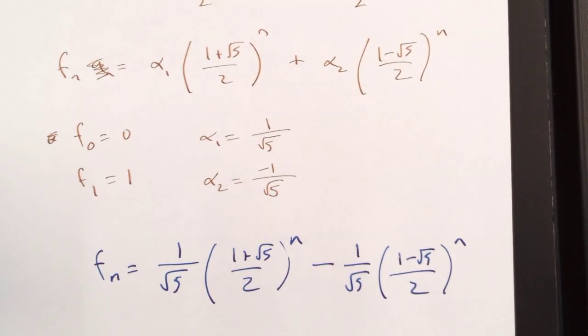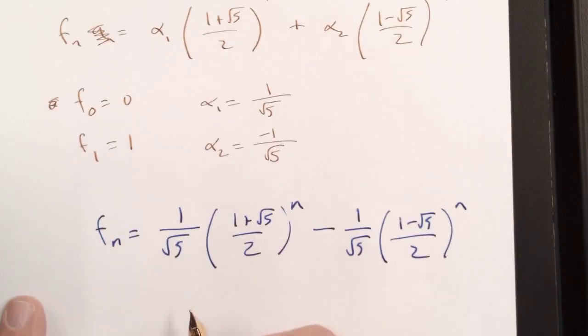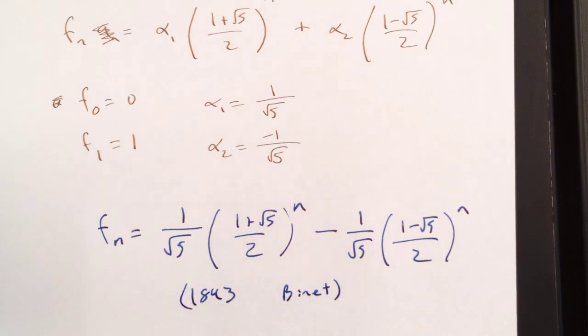By the way, in 1843, a guy by the name of Binet was the first one to write a paper about this using this method for solving linear recurrence. So this is commonly known as Binet's formula. But all it is is the technique we just learned applied to a very particular example.